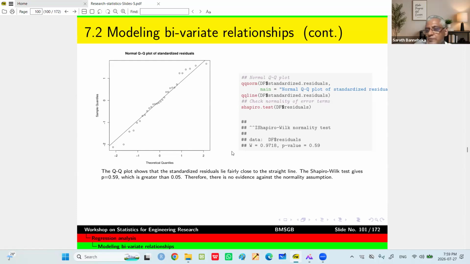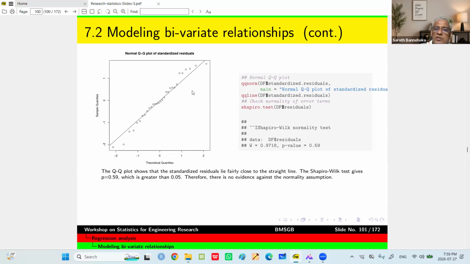So that is not the regression line. What we expect is that if the residuals are normally distributed, these points should be closely scattered around a straight line. But this is not the regression line. That is wrongly interpreted by many researchers I have seen.